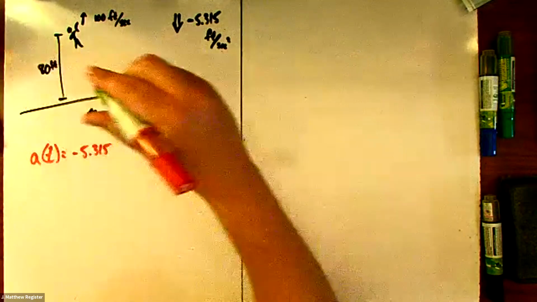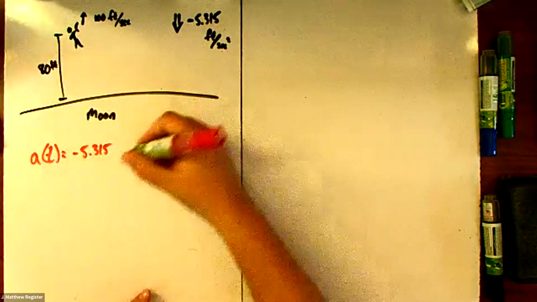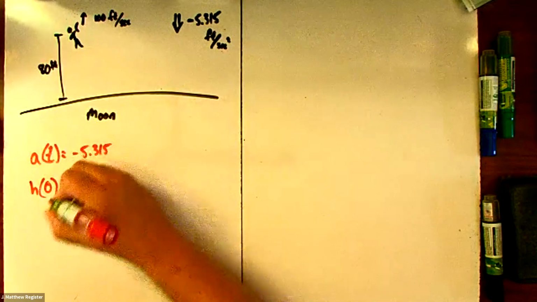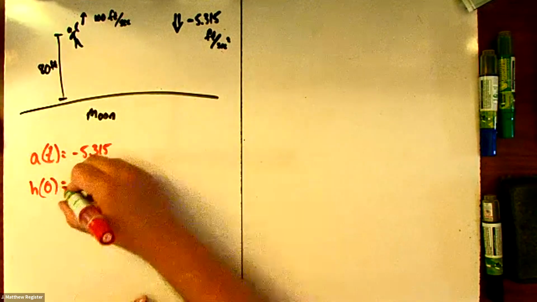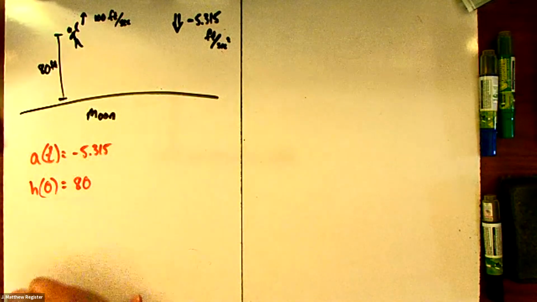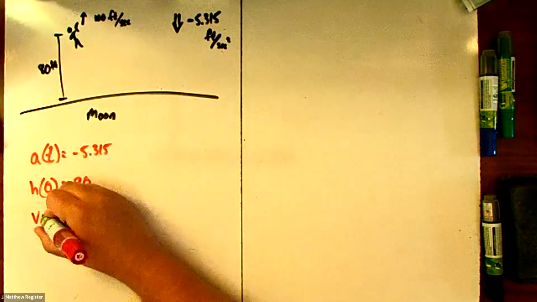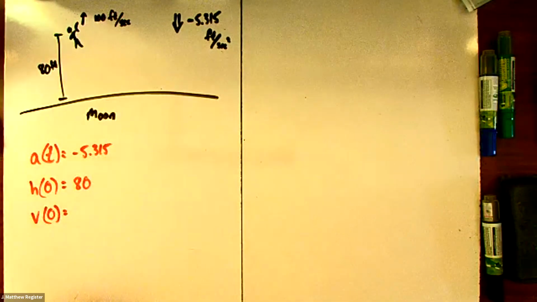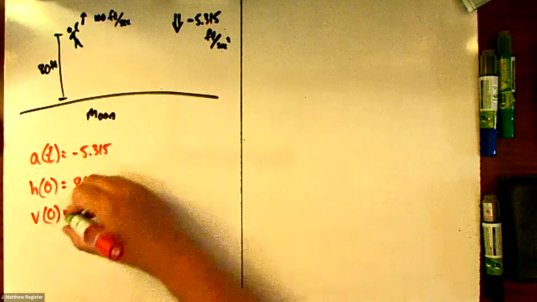The 80 corresponds to our initial height, so h of 0 is equal to 80. And then our initial velocity is going to be equal to 100.